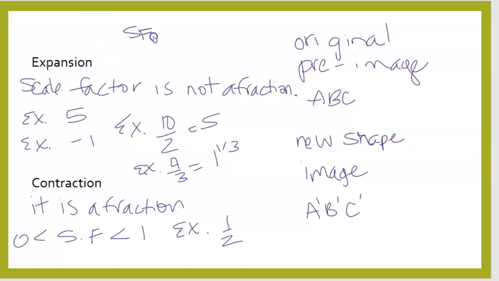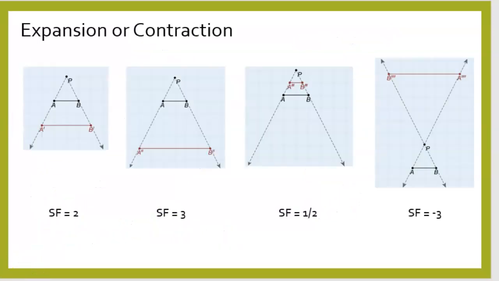An expansion is when the scale factor is greater than or equal to 1, and a contraction is when it is less than or equal to 1. Basically, all those numbers between 0 and 1 are a contraction. Think small, tiny, a fraction. Contraction, fraction. Never thought of that.